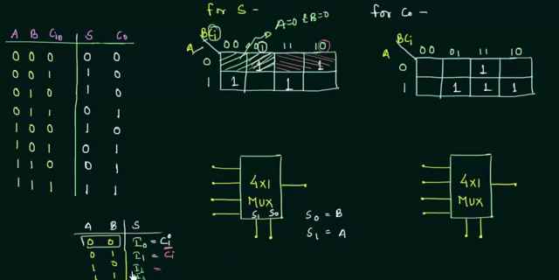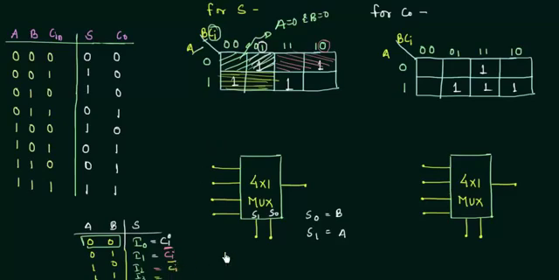Let's see the third case in which A is 1 and B is 0. A is 1 for this entire row, and B is 0 for the first two columns, this yellow shaded portion. In this case there is 1 here, and for this cell the value of Ci is 0, so it is Ci complement.